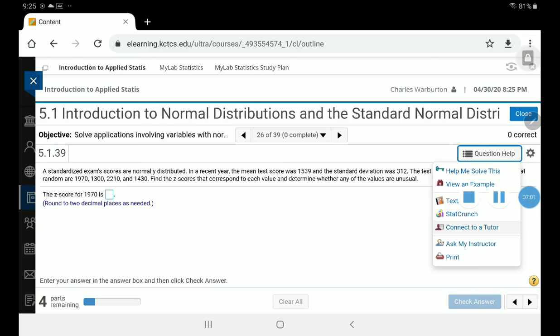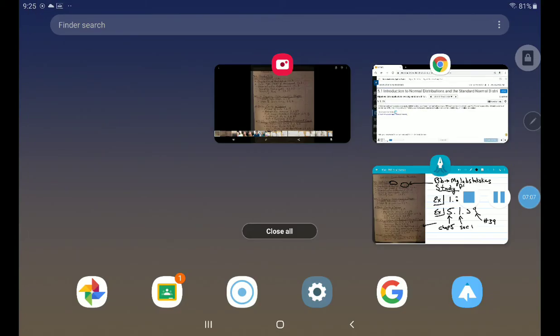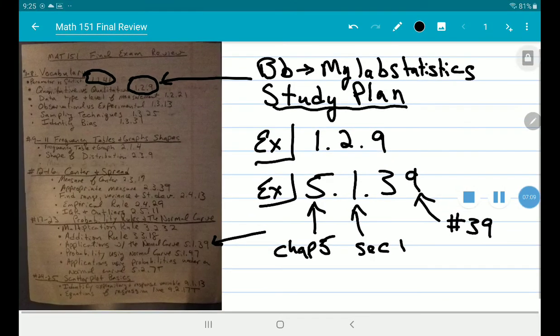If you go to the study plan and follow the numbering system that I try to help everyone out with, then that should prepare you well for this final exam. This final exam will have, as you can see, 25 problems, and then you have the different topics that will be tested on the final exam.